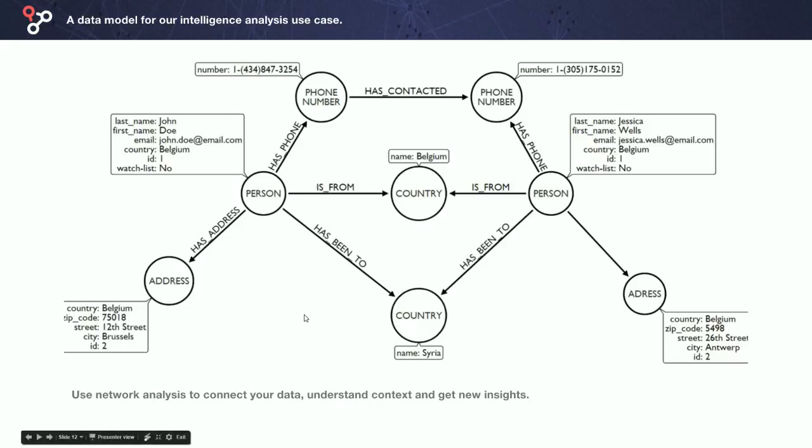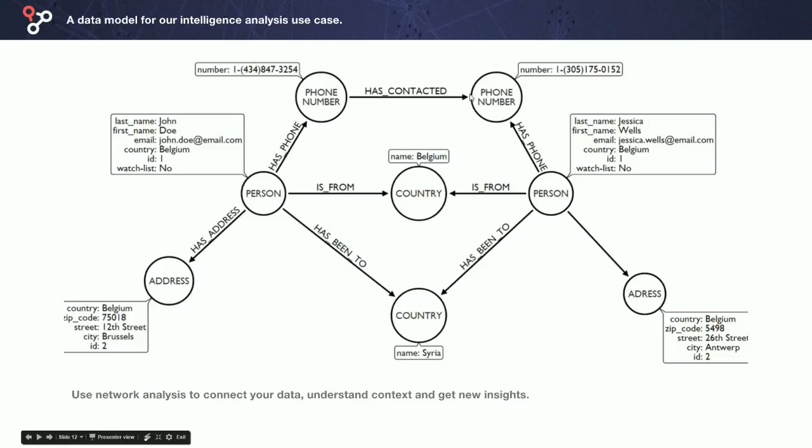And these nodes are linked by multiple types of relationships, including the has-address relationship between a person and an address, the has-been-to relationship between a person and a country, or the is-from relationship between a person and a country. Persons can have a has-phone relationship with phone numbers, and phone numbers between them have a contacted relationship when one phone number has been used to pass a phone call to another one.